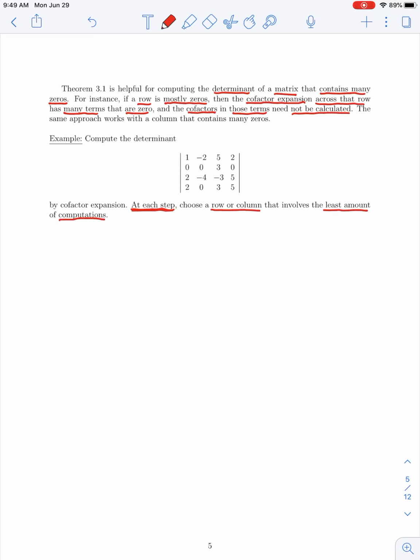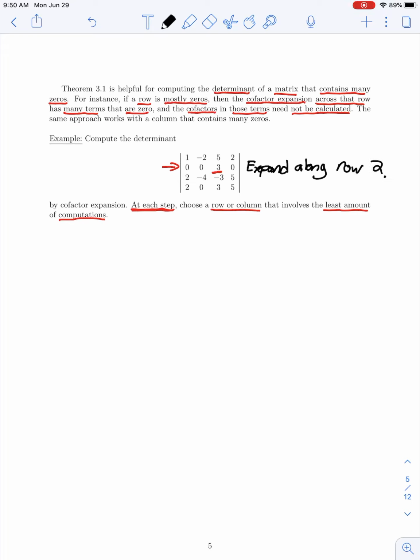So looking at our matrix here, we see that the second row contains mostly 0 entries. In fact, the only non-zero entry is this 3 term. So let's expand along that second row. I'll make a little note here that we want to expand along row 2.